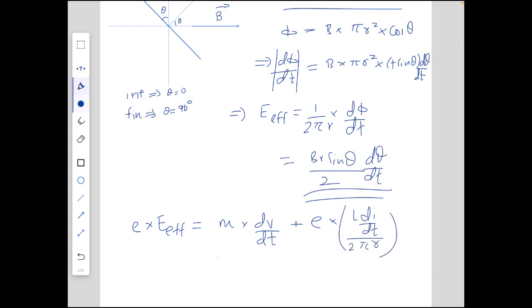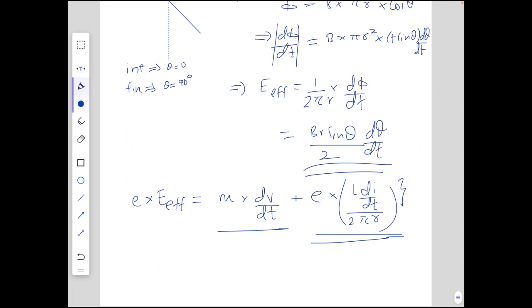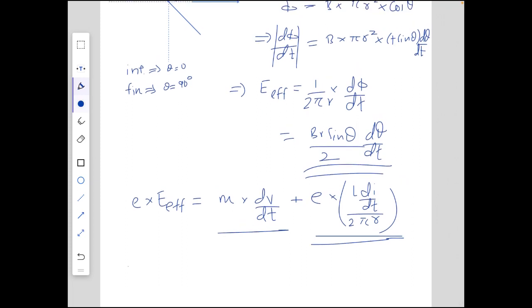So this is due to the acceleration of the mass and this is due to the effect of inductance. And this part can be seen as the L dI by dt as the opposing potential difference, and over 2 pi r means the electric field created due to the resistance due to inductance, and the times e makes it the force.